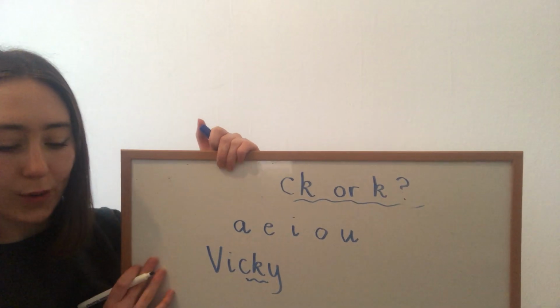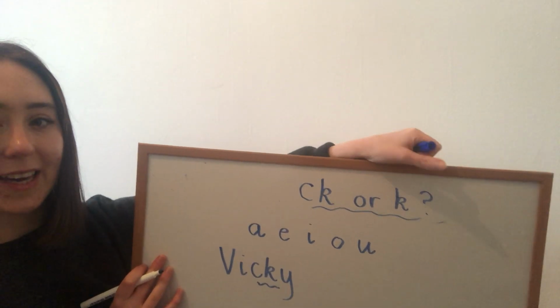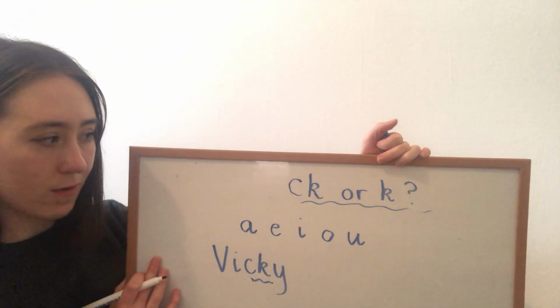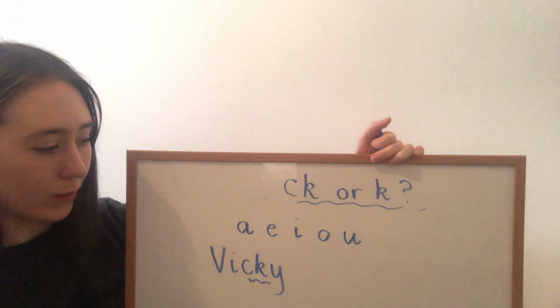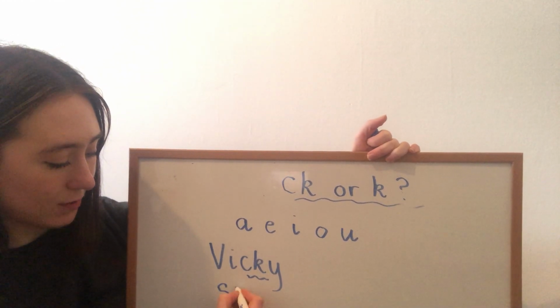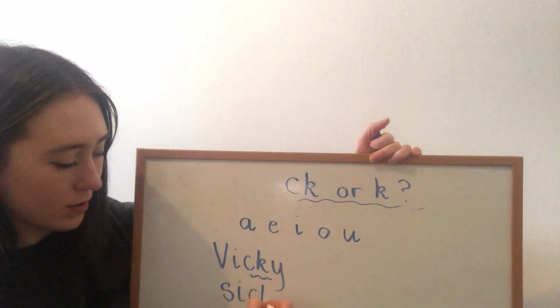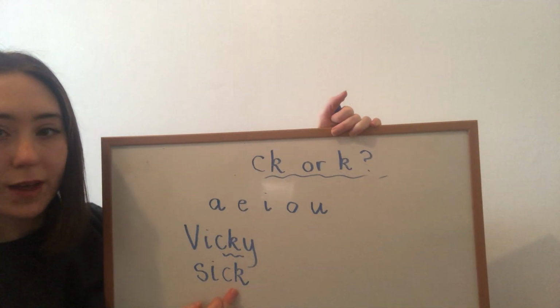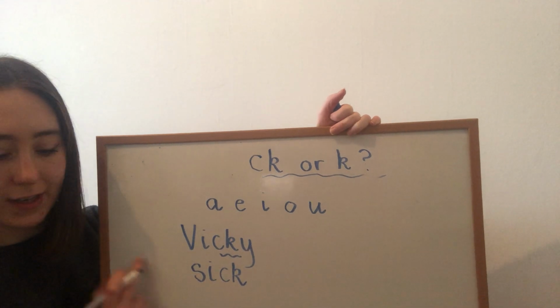Well done. What about sick? The word sick. Well done, it is short i. So that's when we use our rule. Because it's the short vowel sound i, we use our rule that it's the digraph ck at the end.